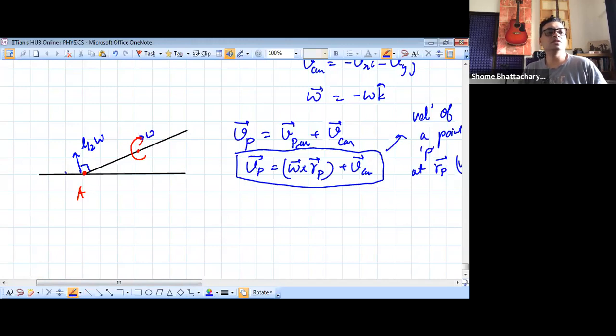And because of the linear motion of the center of mass, it has Vx, and because of the vertical motion of the center of mass, it has Vy. So if this angle is theta, here you can see this angle is 90 minus theta.